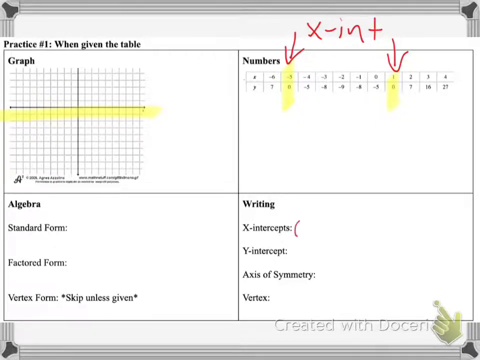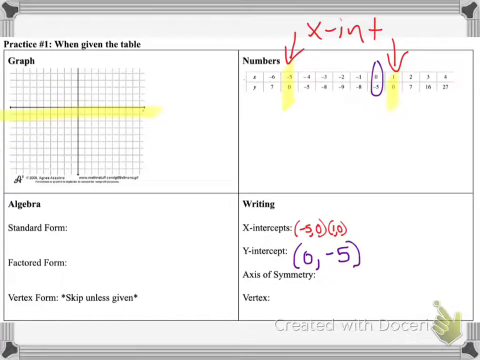So (-5, 0) and (1, 0). Now, my y-intercept is also pretty easy to see because that is when my x equals 0. Therefore, (0, -5). And now I go backwards in my head.